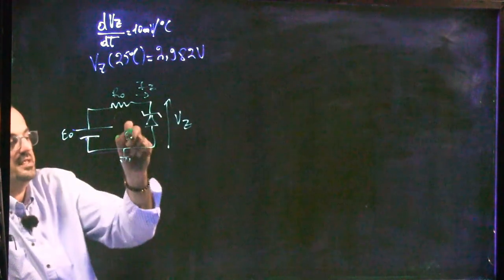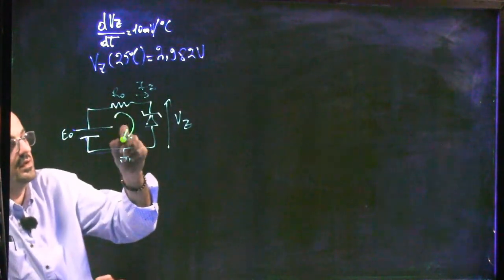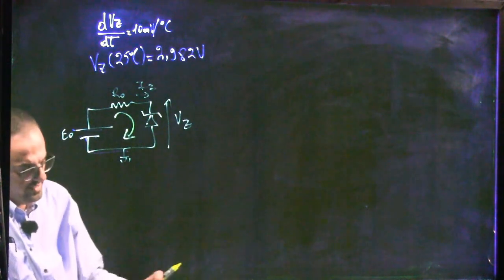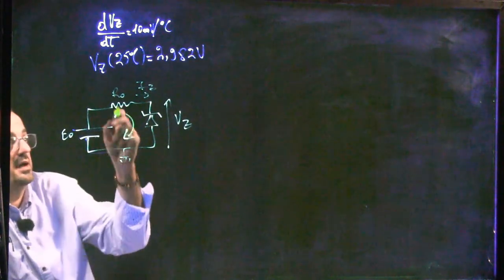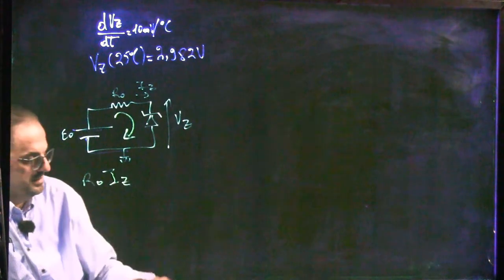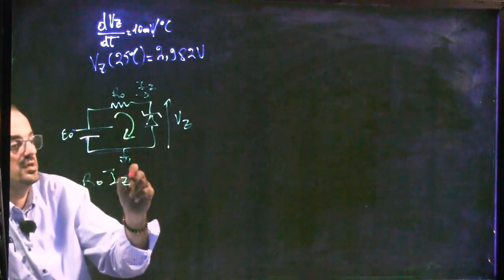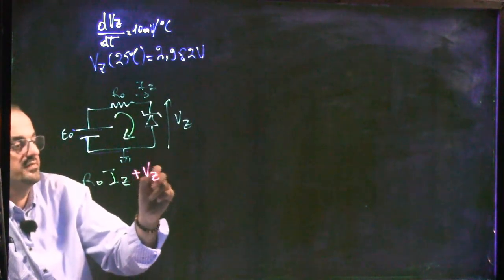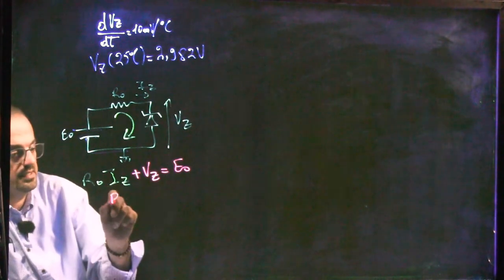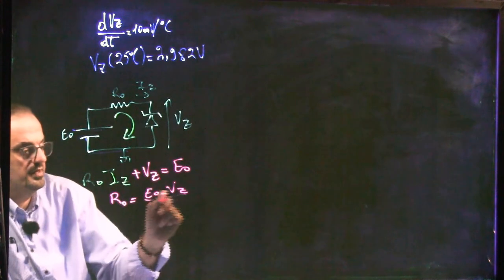So just applying the KVL in this loop, you find that R0 into Iz plus Vz is equal to E0, which means that R0 is equal to E0 minus Vz over Iz.